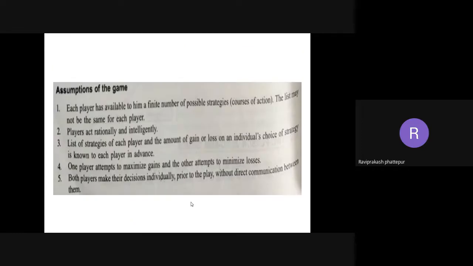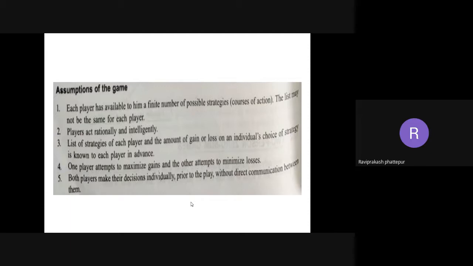Now coming to the assumptions of the game. If you are doing something, there could be some assumptions. If those assumptions fit properly, then only we can use these things. The first assumption is each player has available to him a finite number of possible strategies or courses of action.